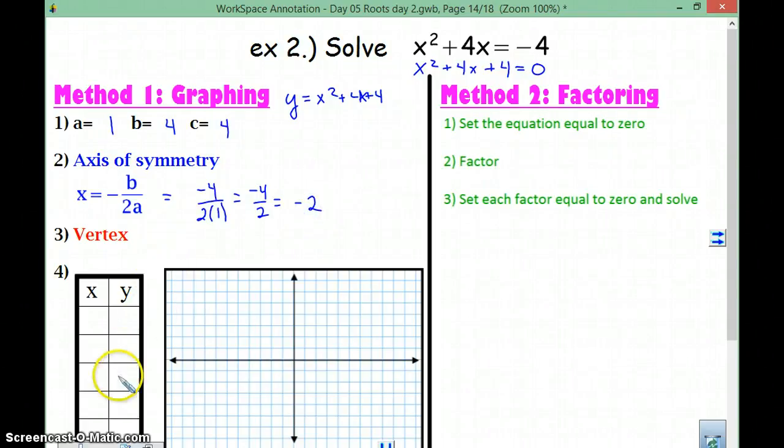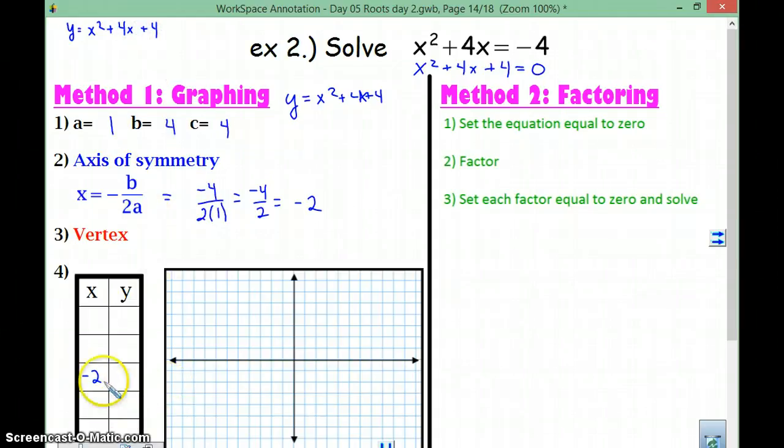What's my vertex? Well, I'm going to find my vertex down here. I plug my axis of symmetry into the middle point. And now I've got to do a little work. I'll do it up here. Let me rewrite this equation. Y equals x squared plus 4x plus 4.